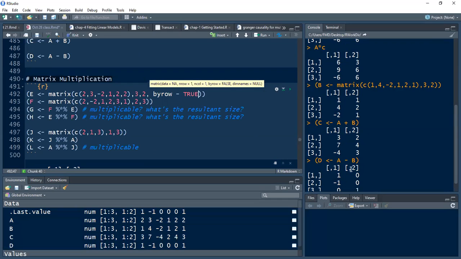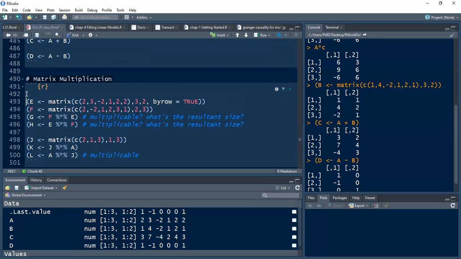Let me just first generate this to illustrate the difference.